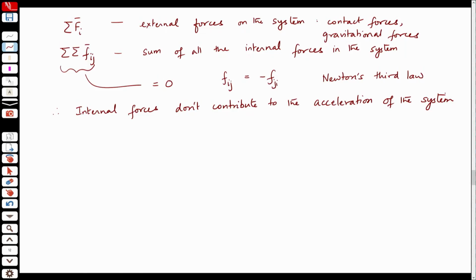Therefore, your equation reduces to sigma Fi equal to sigma Mi Ai.